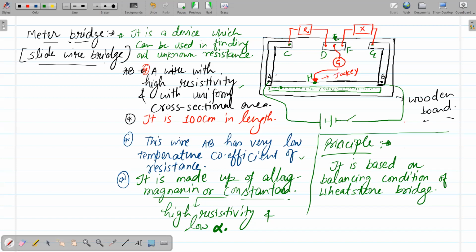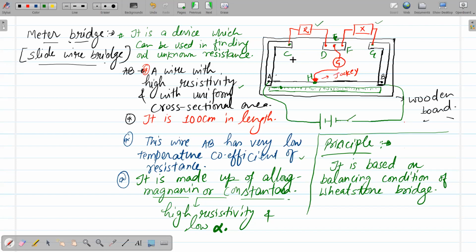We know that copper is a good conductor, and definitely if we talk about it practically, we cannot ignore its resistance. It is a good conductor, although it possesses some resistance, right? But it has very low resistance if it is compared with the resistance of AB wire, or compared with the resistance that we are using here and here.